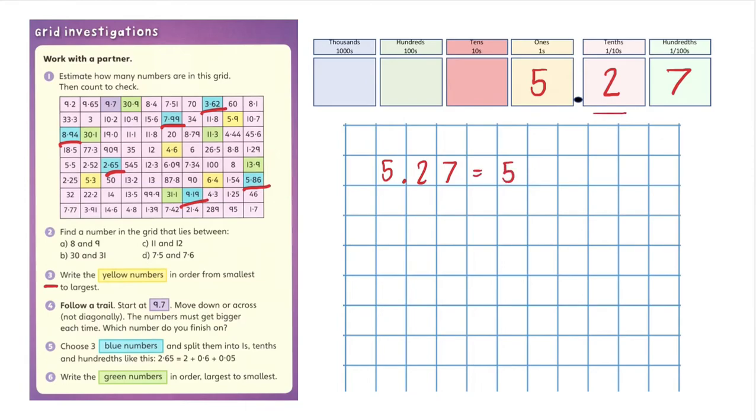And then here we've got a 0.2, so add 0.2, and then this is a 0.07. I have to have these placeholders here, because if I just put 7, people would think it was 7 in the ones. They need to know it's in this hundredths column.